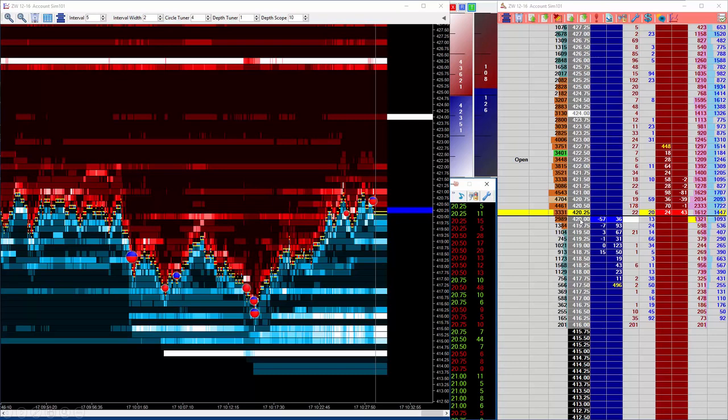Now, that's not to mean it won't continue up. It's just that we've potentially still got some happy shorts from this area. And we're moving up to that place where we've potentially still got some of those happy shorts. We've also got some people who lost on long trades in this area. And that could combine when we get back there to give us a downward bias. It's not something I'd trade short.